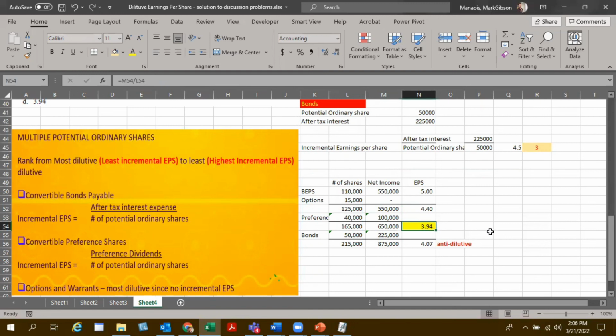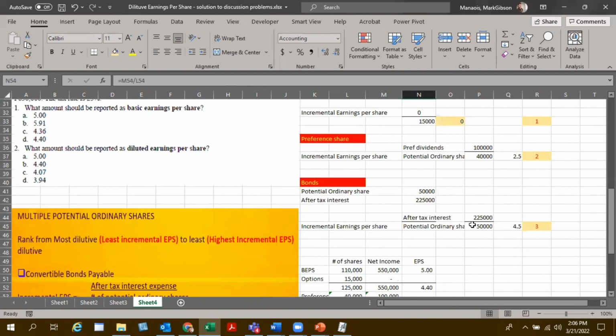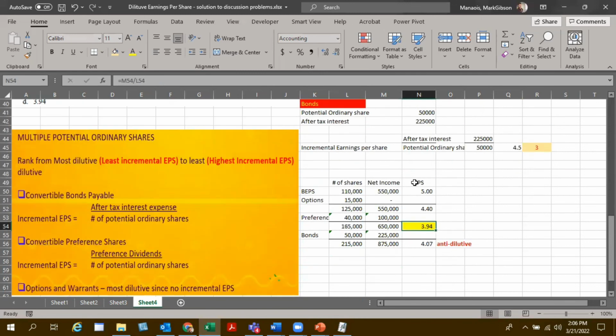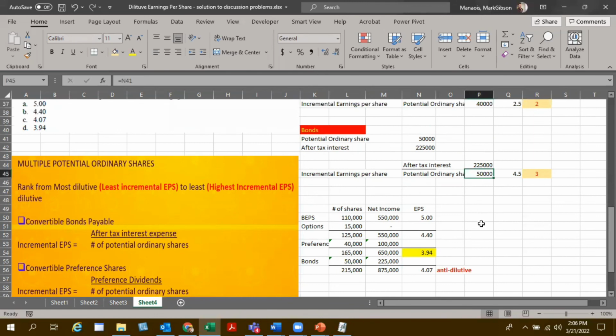Okay. Pag-usapan natin ngayon, finally, yung bonds. So we have bonds, 50,000 yung potential ordinary shares. Again, na-establish na natin yung kanina. It's also given in the problem. Plus the after-tax interest of 225,000. Again, get the sum. So that's 215,000 shares. And then 875,000.